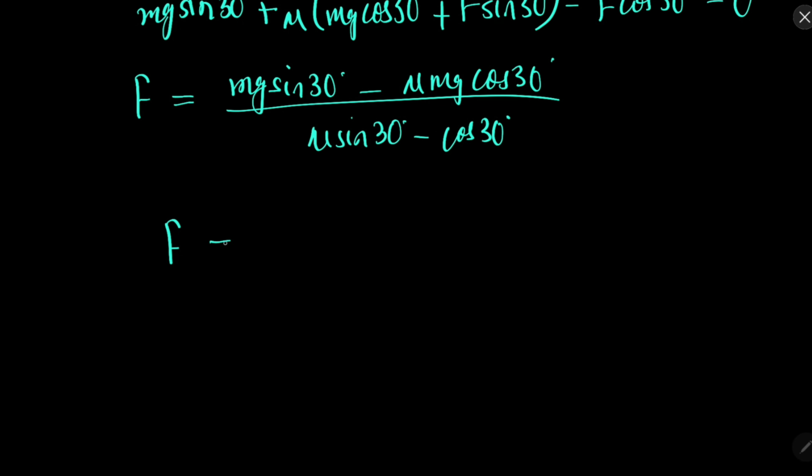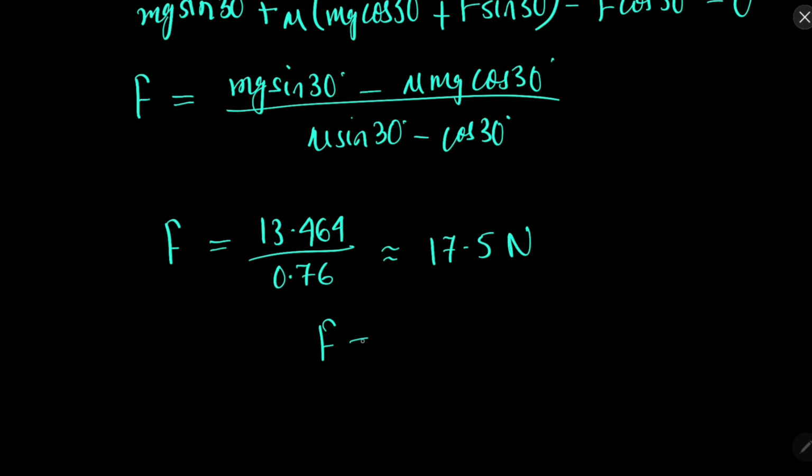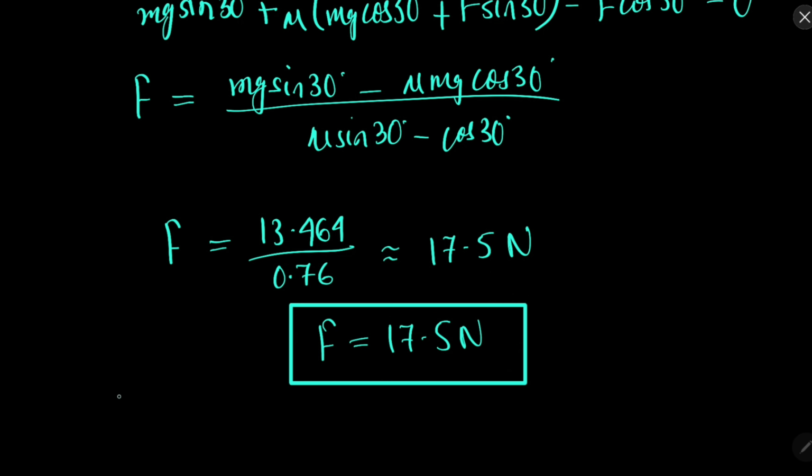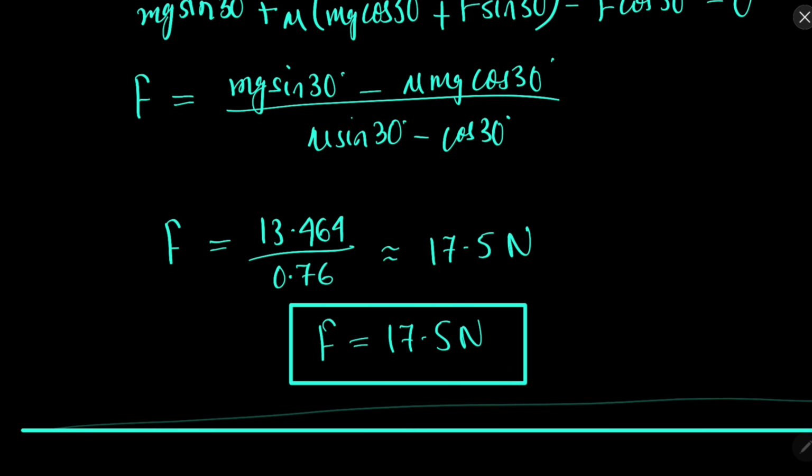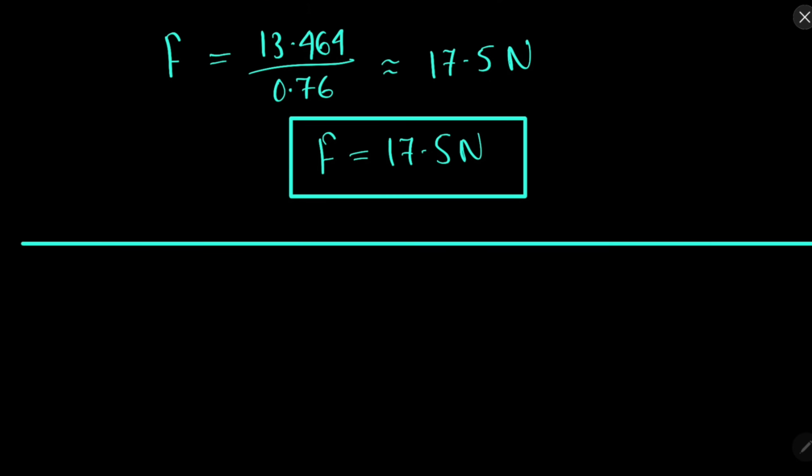So once you put all the values, you will be able to find this. It will be approximately 17.5 Newton. So this much horizontal force is required in order to move the block upward. Minimum force, okay, this much is the minimum force.